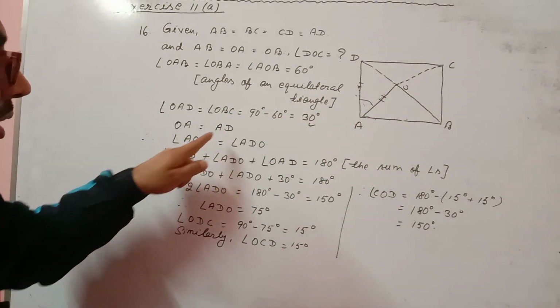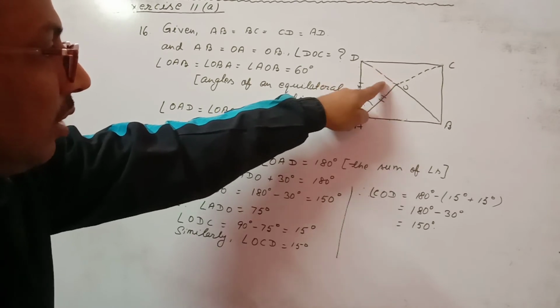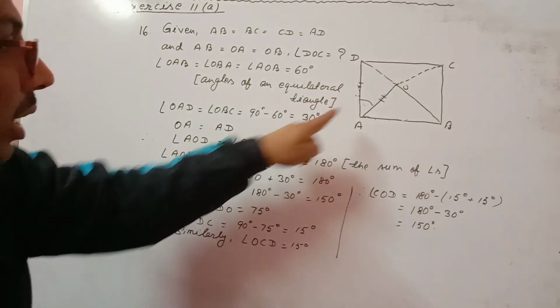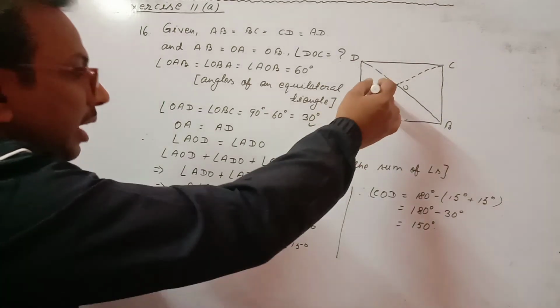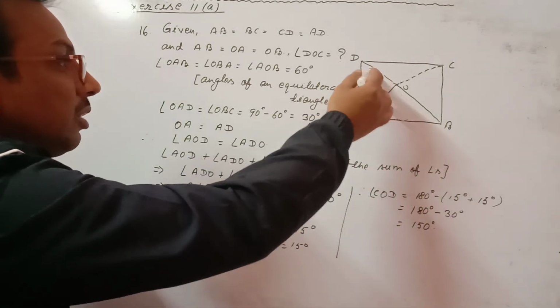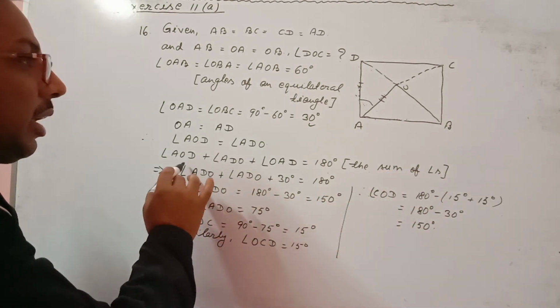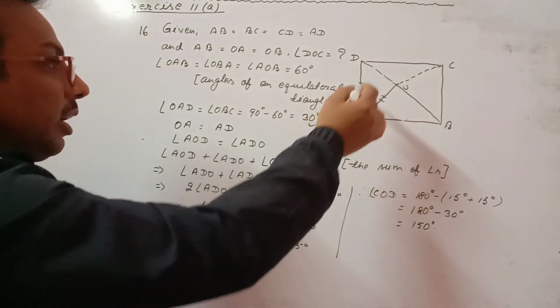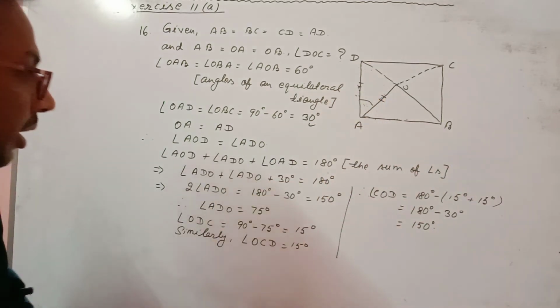Therefore, from isosceles property, these two angles will be equal. For that I wrote angle AOD equal to angle ADO. Now in this triangle, the sum of these three angles equal to 180 degree. So angle AOD plus angle ADO plus angle OAD equal to 180 degree.